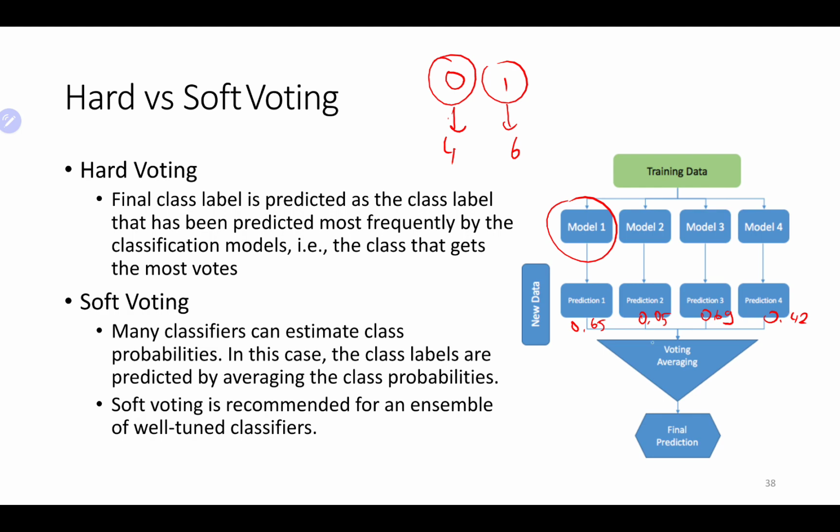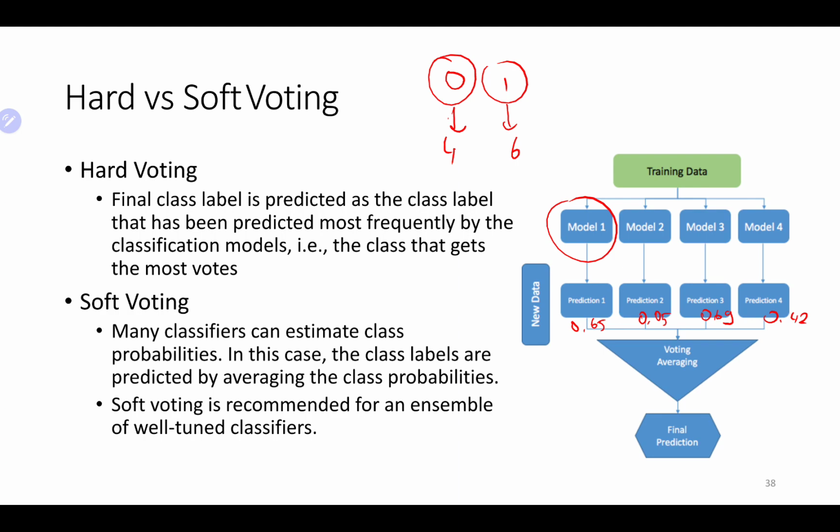Okay, so what happens in the end? So these are the probabilities for class 1, right? So we add them up and we take the average. Okay, so that will be the probability of being class 1. Now 1 minus these values will be the probability for class 0. So we do that as well. So we take the average of those, and then that will be the probability of being class 0.